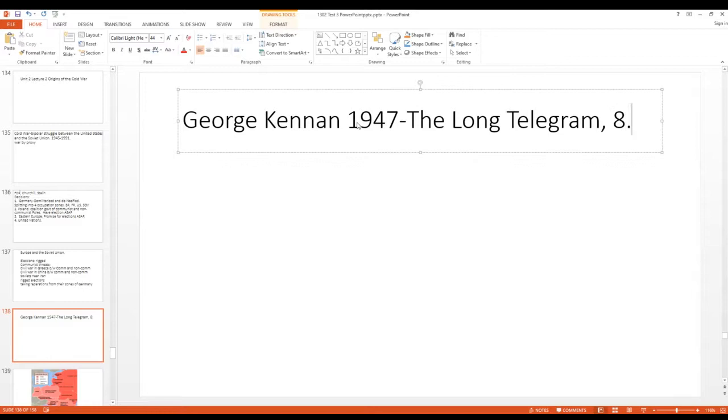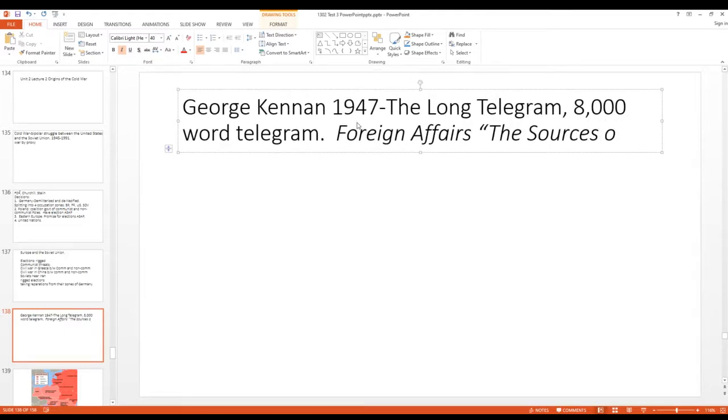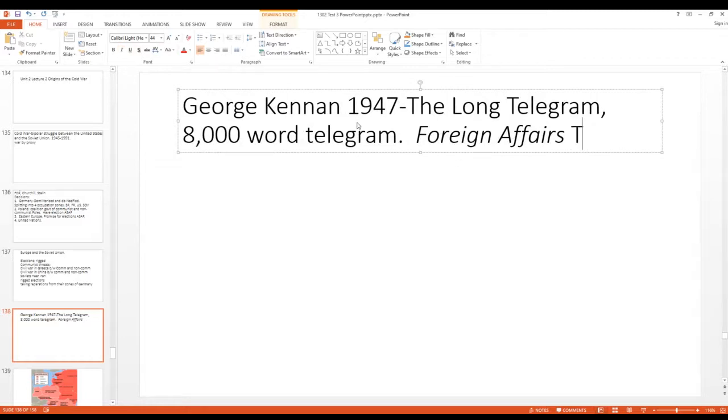This was an 8,000-word telegram that he had sent from Moscow back to the State Department in Washington, D.C. And then he later collected and expanded on this into an article that was published in Foreign Affairs. The article was called The Sources of Soviet Conduct.